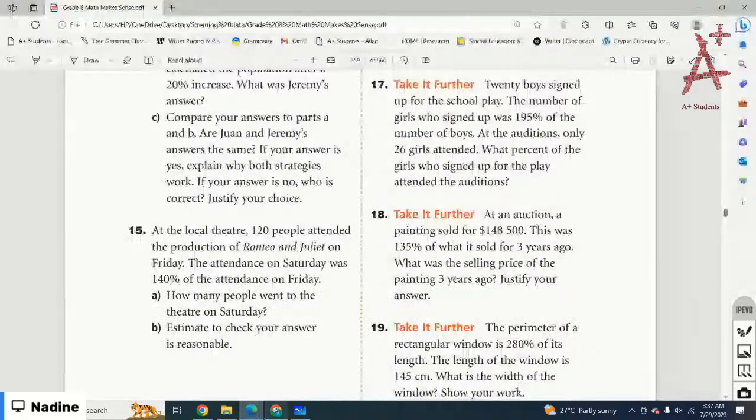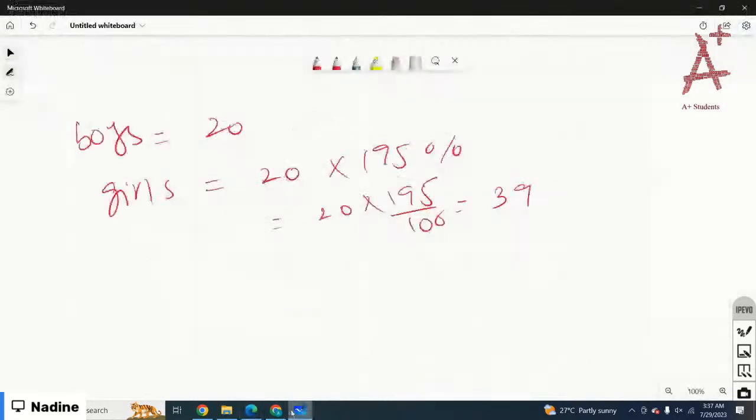Got it? At the auditions, only 26 girls came. So 39 minus 26 is 13. Got it? So the total girls are 39.